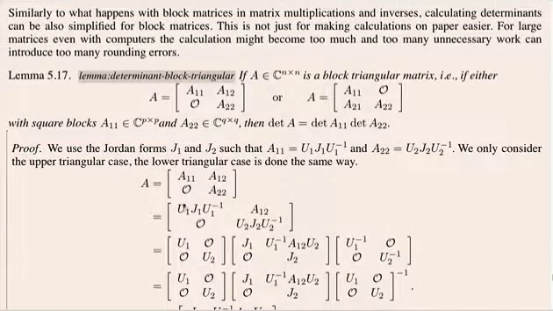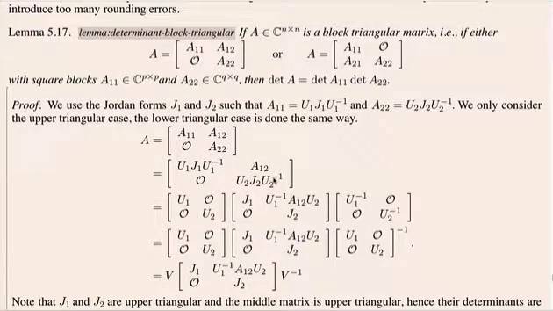And then a big step is that we notice that the block diagonal matrix U1, U2 can be factored out on the left, and on the right the block diagonal matrix U1 inverse, U2 inverse can be factored out. Well, we have to be careful with this. We have to check what happens with the A12.